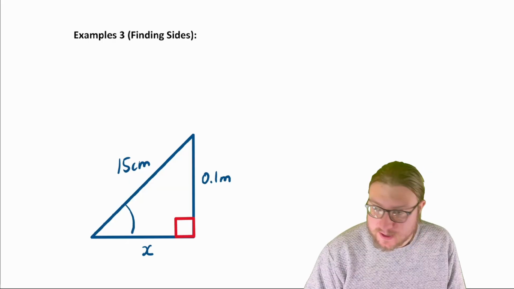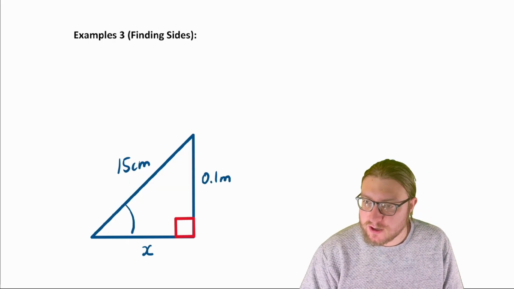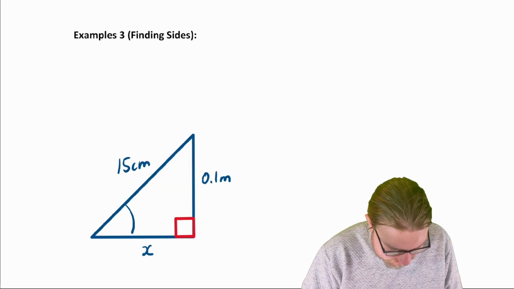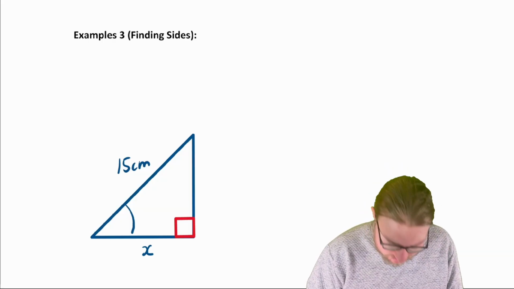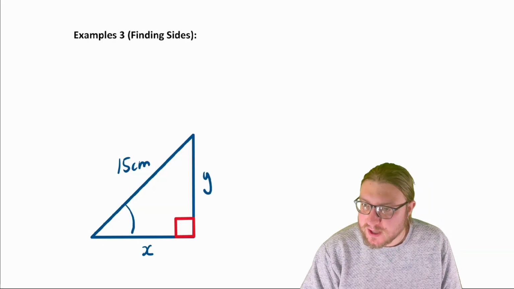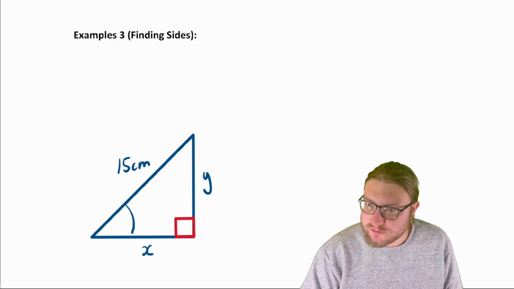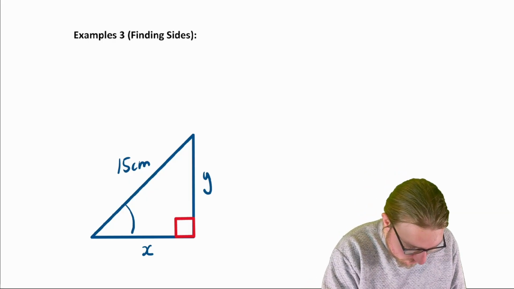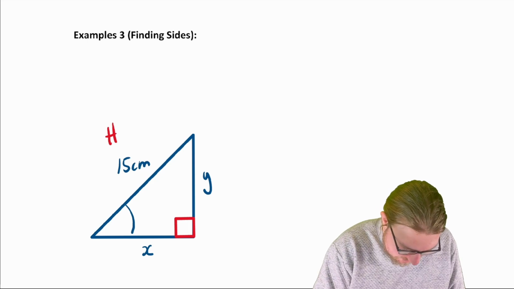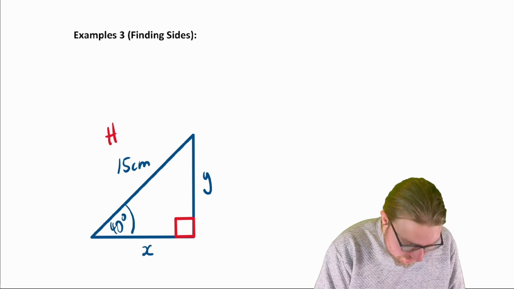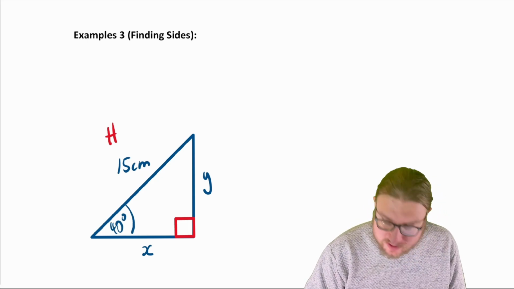Actually, I'm not going to give you any of these sides except for one. I'm just going to give you one side and I'm going to make you find the others. So 15 centimeters for the hypotenuse. So we have h. I'm going to give you the angle of 40 degrees again, and now we're going to find y and x.